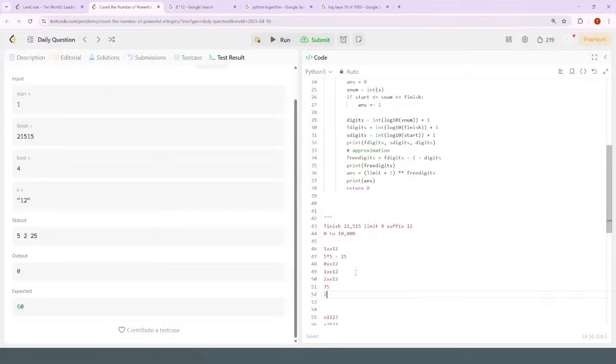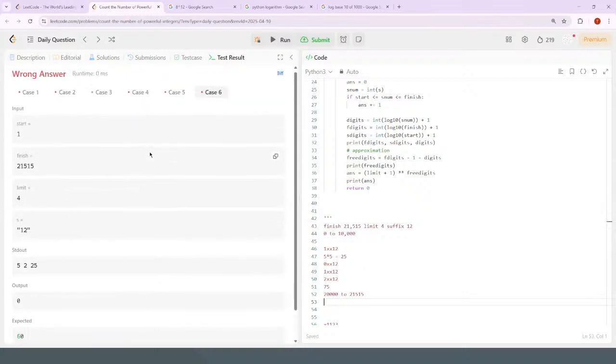So just considering the 20,000 to 21,515, that would be 2, 1. So how many numbers? There should be like 15 numbers that fall within that category.